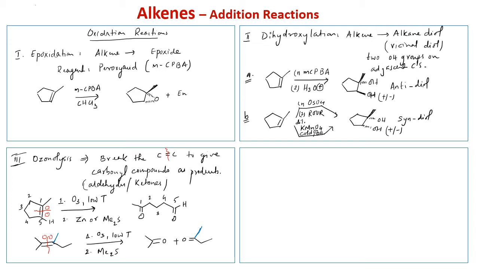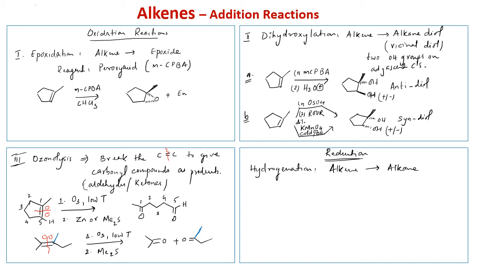Now, other than this, we are going to talk about a reduction of an alkene, very simple. And the reduction reaction here that we're going to talk about is the hydrogenation. What this does is convert the alkene to an alkane.